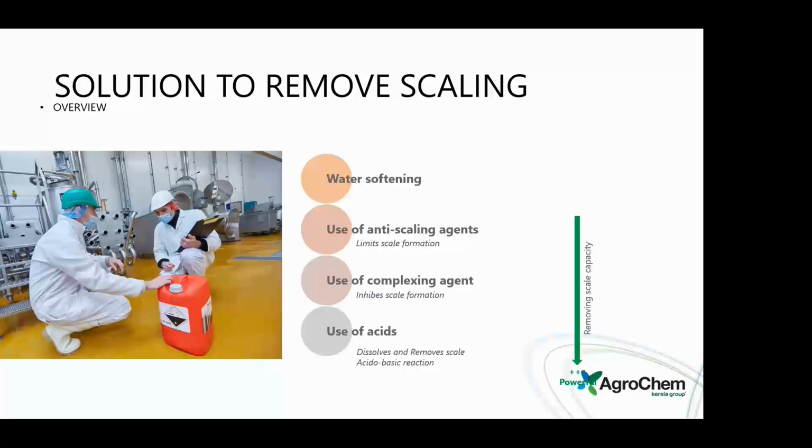Solutions for removing scale are water softening, use of anti-scaling agents, and use of acids. A lot of times we're taking those minerals off with acids, but we can start with water softening and use that in a much stronger situation, being able to keep that hard water at a lower level.